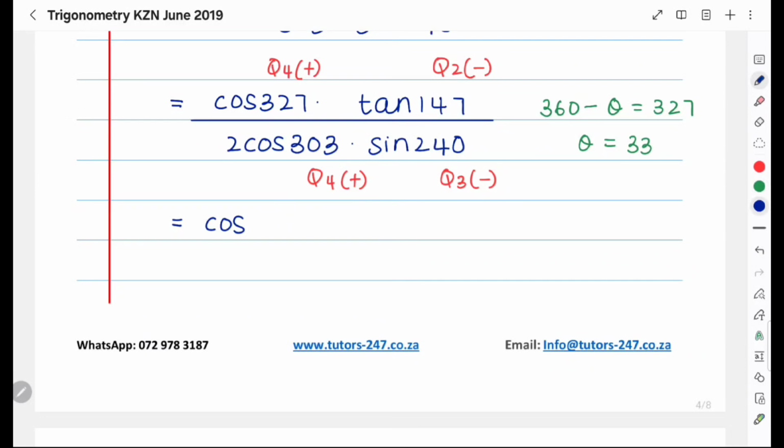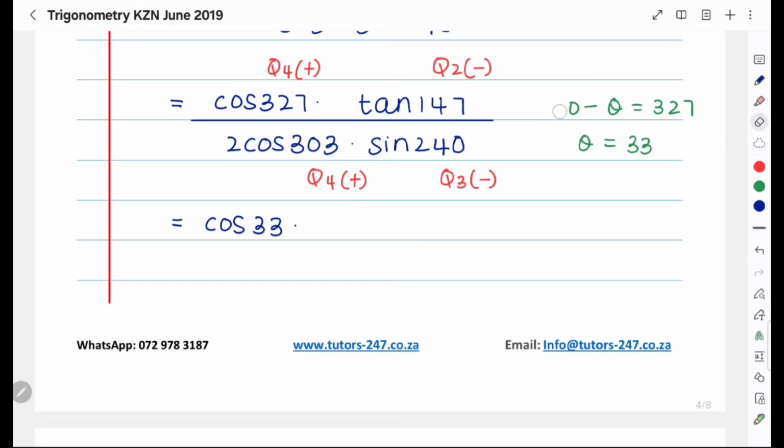So cos of 327 will become cos of 33. Please keep in mind, this is not the only way in which you can reduce an angle. There are many ways. This is just a method that I like to use. So I take the reduction formula in that specific quadrant, I make it equal to the angle given in the question, and I solve for theta.